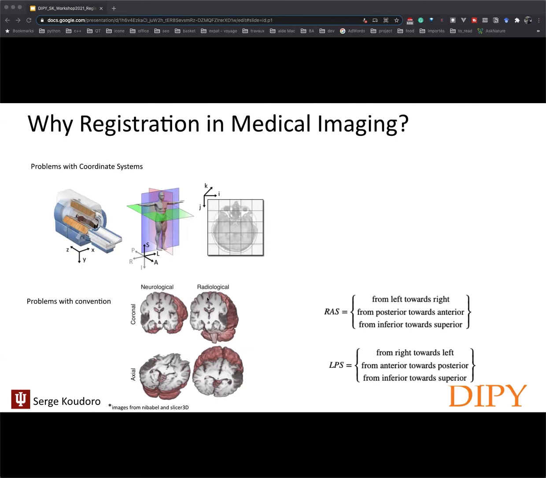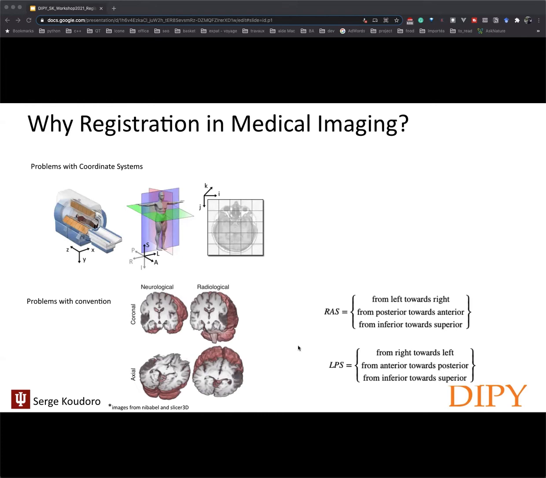Compared to that, the radiologist will say on the coronal view that this same stroke, the dark point, is on the right. In the axial point of view, the neurologist will still say it is on the left, whereas the radiologist will still say it is on the right. This interpretation of the coordinate system is really problematic.